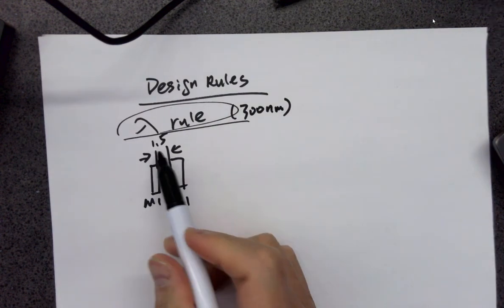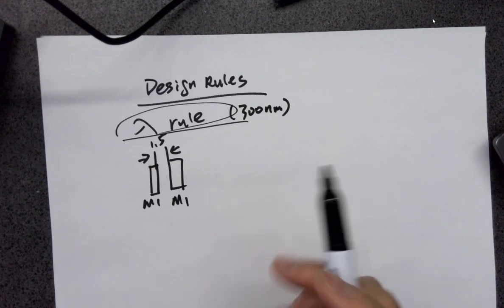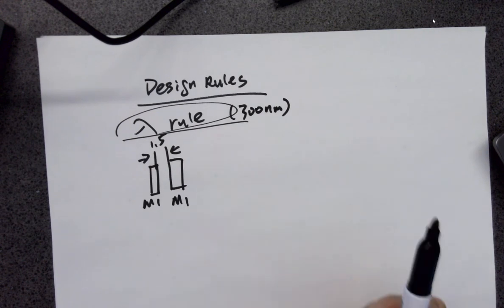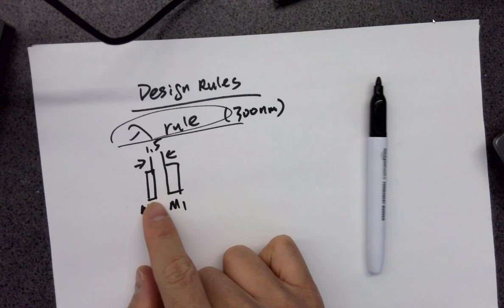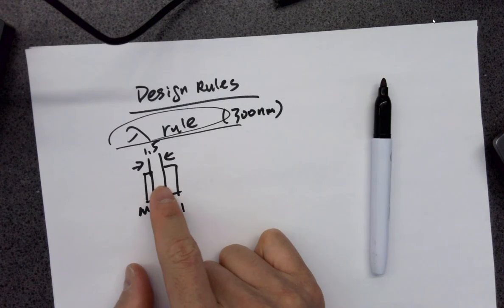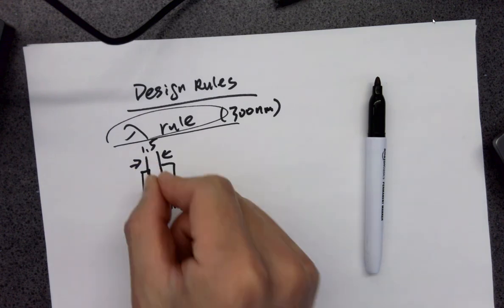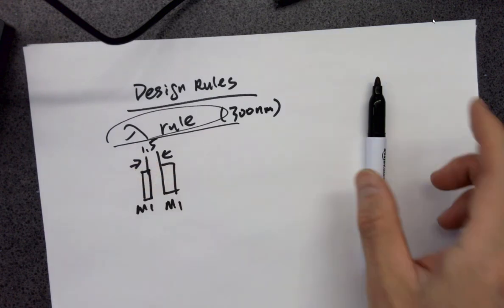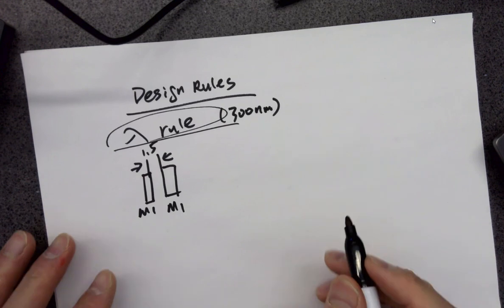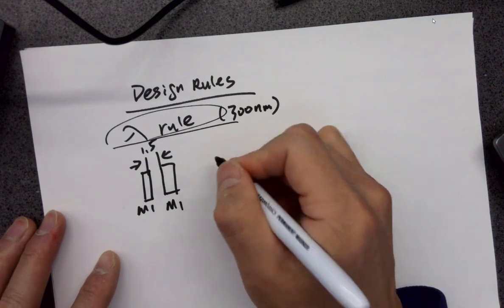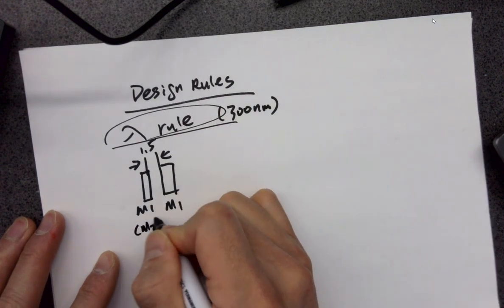So 1.5 means 450 nanometers. So that's the minimum distance between metal 1 traces. Okay? If you place them closer than that, there will be an error indicated in the window. You can tell. And similarly, it could be metal 2 as well. Okay? So metal 1, metal 2.